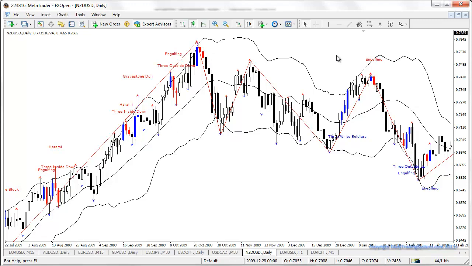This one's pretty close to the traditional abandoned baby setup. Here is your first candle, and then see how it gaps from here up to there. That's what the formation looks like, and the top part of the real body of this candle is supposed to be around about there. Then it comes down to there, and that will be the formation being completed.